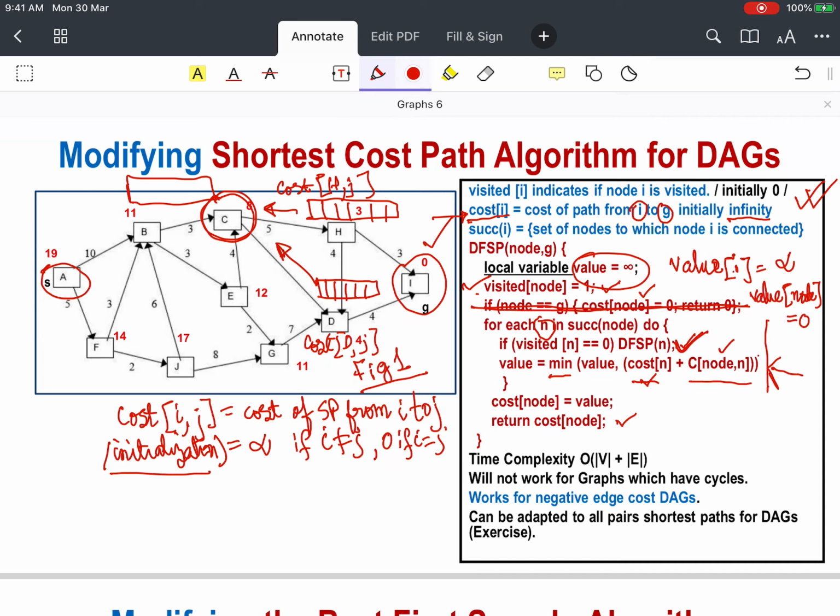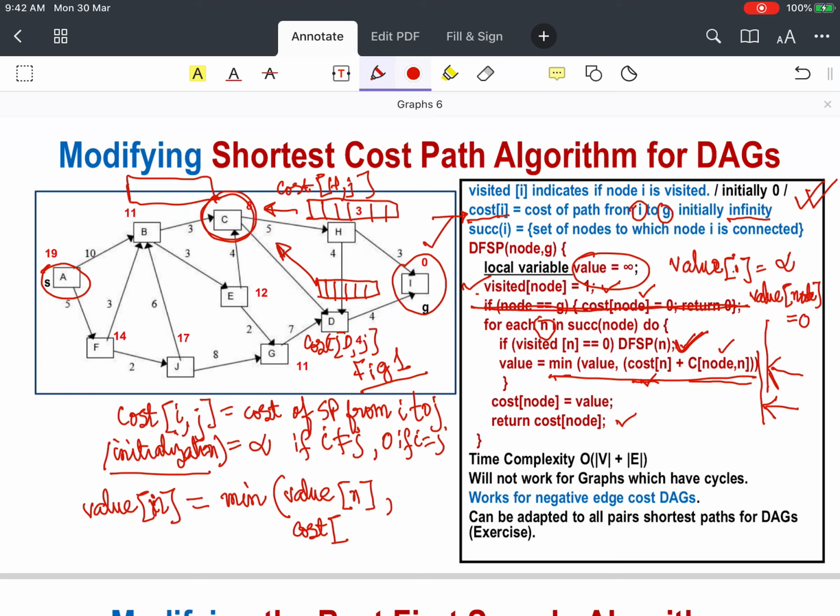Otherwise, it will visit a node, and when it returns from this part, it will compute value n here, in the same manner as before, equal to the minimum of value n, comma, cost of node, this node n.